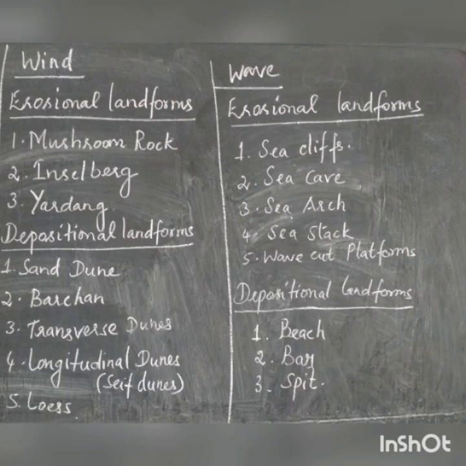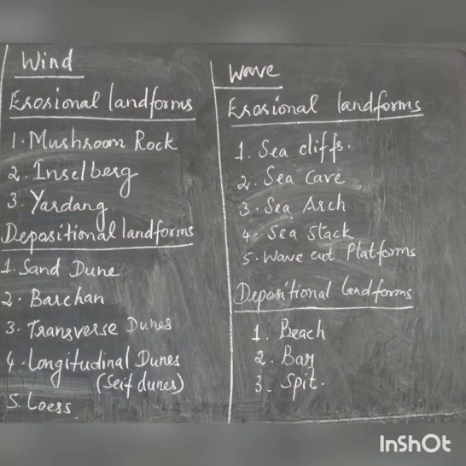These rocks get eroded to form steep vertical walls. Next, sea cave. Prolonged wave attack at the base of a cliff erodes rock materials, which results in the formation of caves.